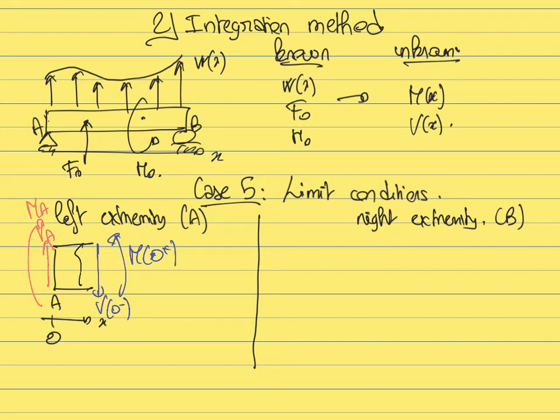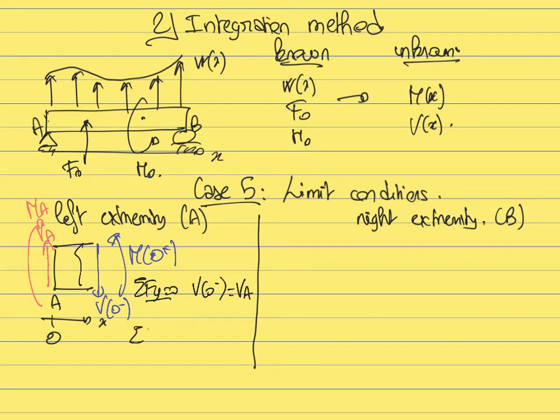So let's do this. Again, we are going to write the conditions of equilibrium. If we look at the sum of the forces along y equal to 0, we find that there are only two vertical forces, VA going up and V naught going down. So necessarily those two forces must be balanced. What we find is that the internal shear at 0 plus is equal to VA.